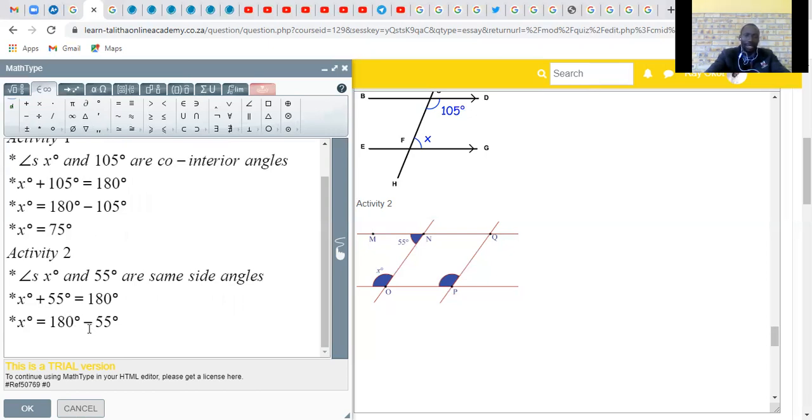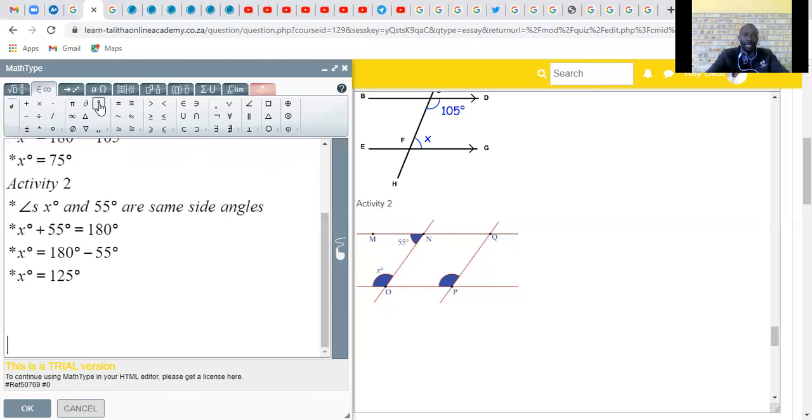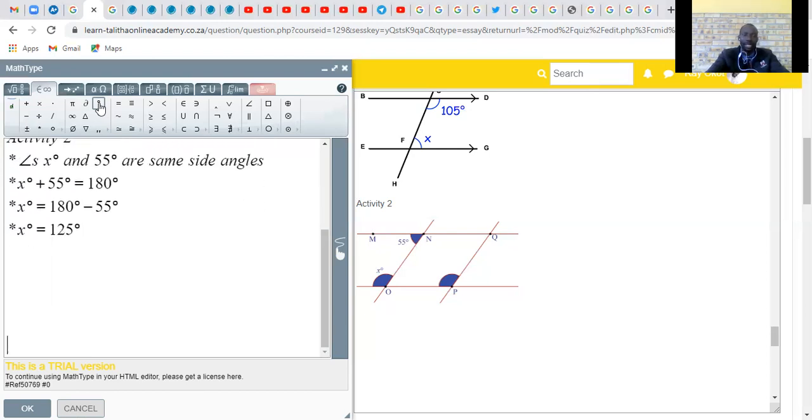Now that will then mean the solution to x, which comes after subtracting 55 from 180 degrees, will be, well, x in degrees is going to be 125 degrees. This is going to be the value of x. That is how we would calculate the value of x in the second activity.